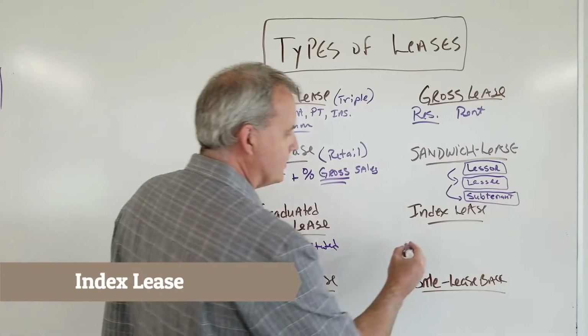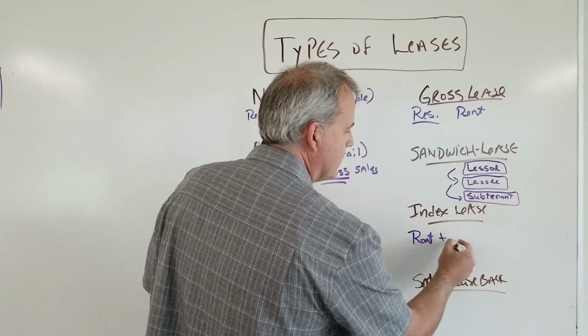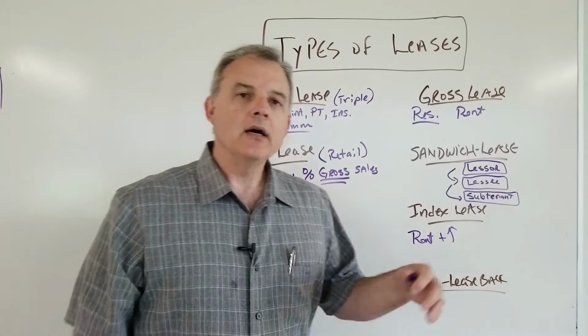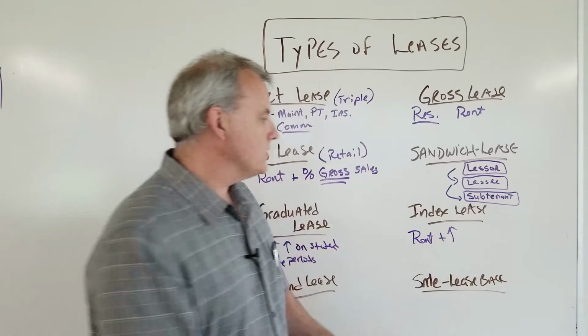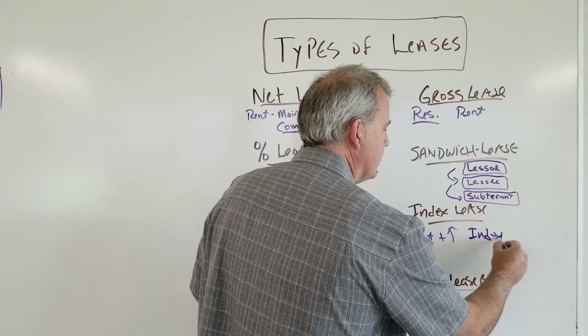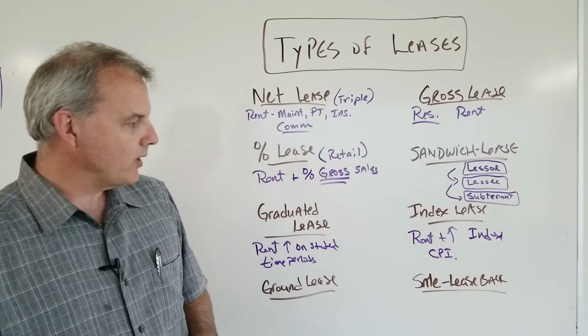An index lease is something where the tenant is going to pay rent, plus there will be rent increases over the life of the lease agreement, but it's attached to some kind of index, such as the Consumer Price Index. CPI, for example, is one that is used quite often.